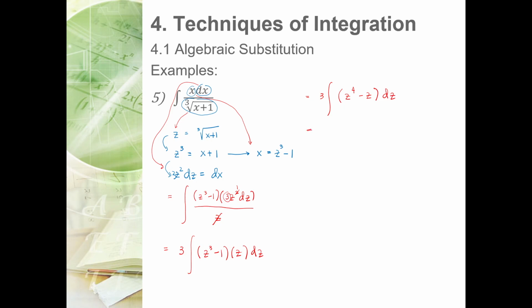So a simple or basic formula. This becomes 3z to the power 5 over 5 minus 3z squared all over 2, plus c.